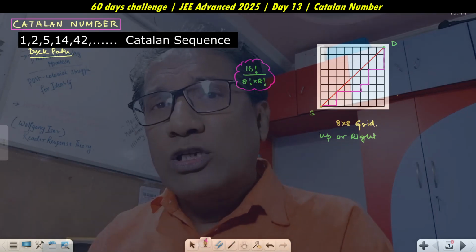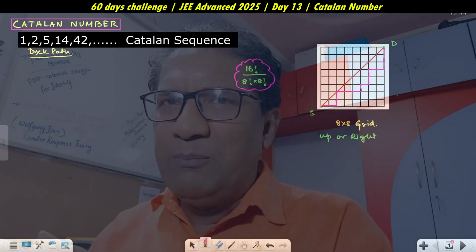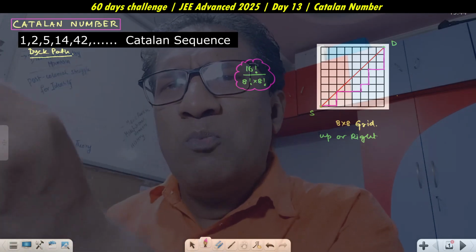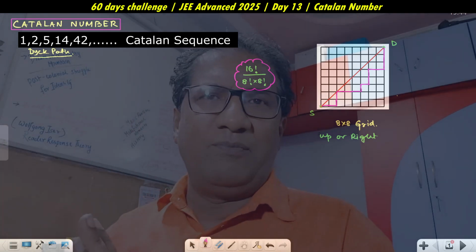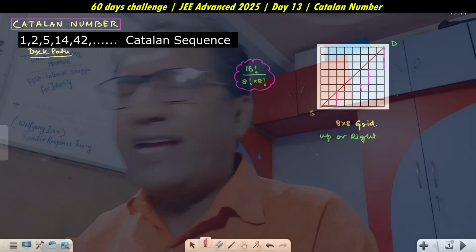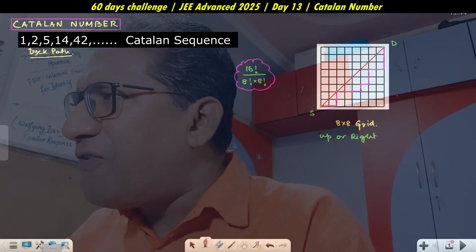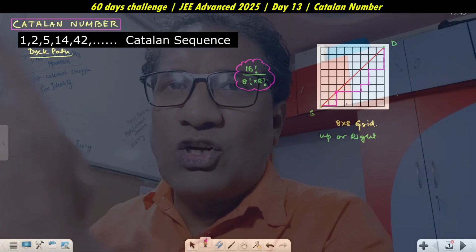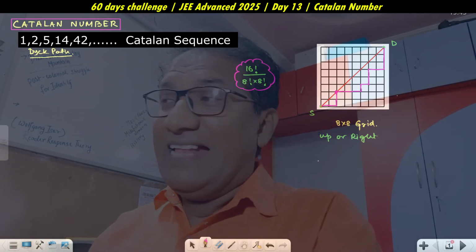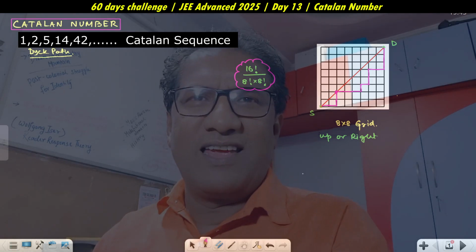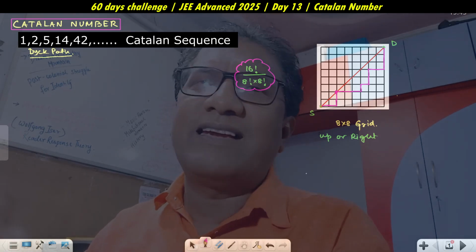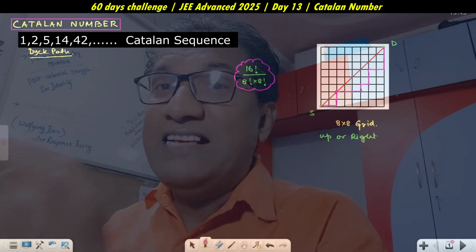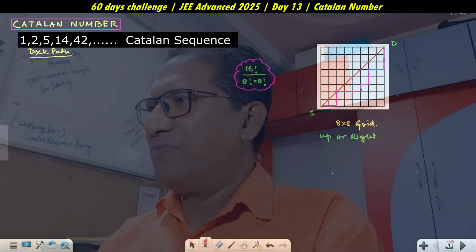I want those paths which will be below the diagonal, or at most he can touch the diagonal. There is no problem. Like the example that I have taken here, he is touching the fence at this point. No problem, that is accepted. But you should not cross it. This kind of problem can be solved by Catalan number. That we will learn. How that Catalan number is generated, that we will learn.